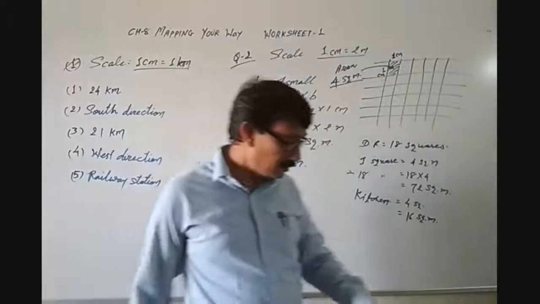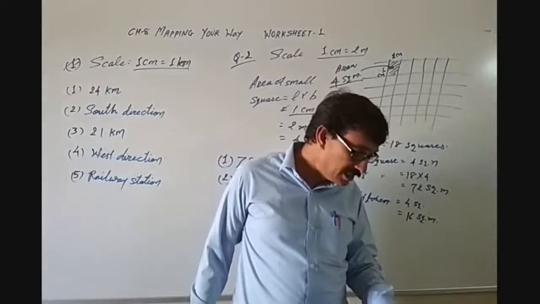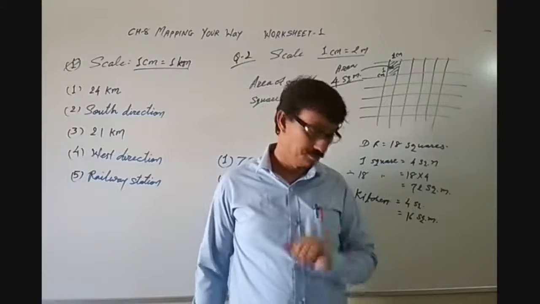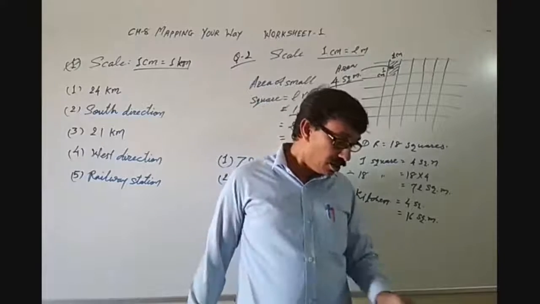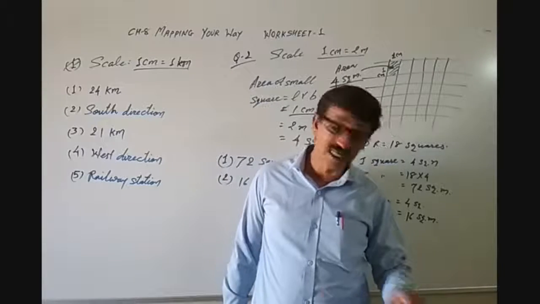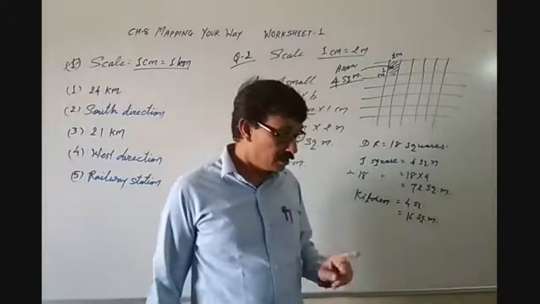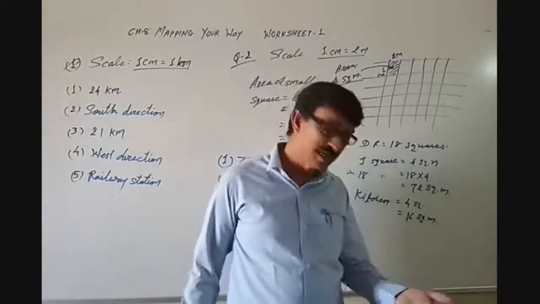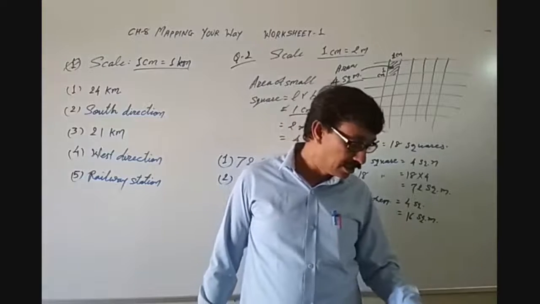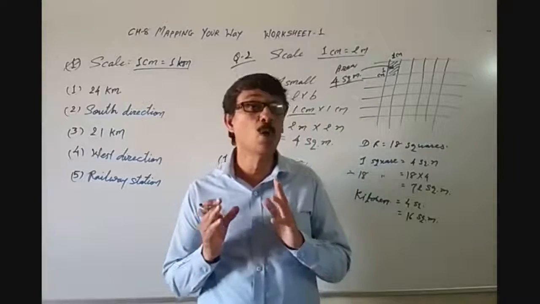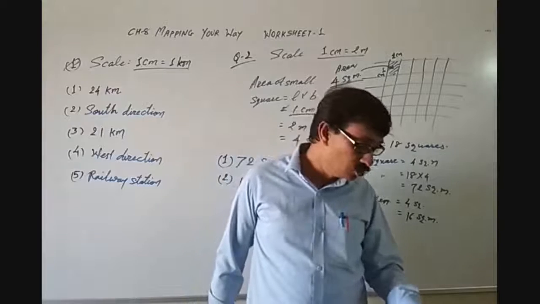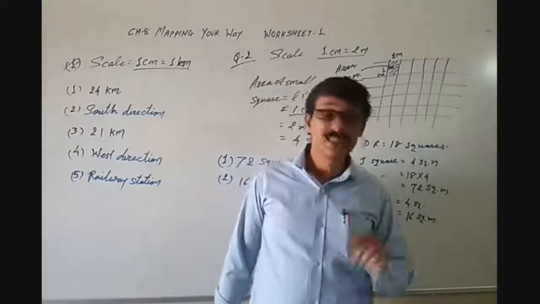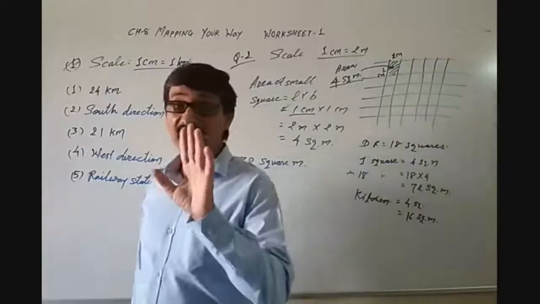Now the third one: which hole has the biggest area, and how much? Here you can see a total of 3 holes, and hole 1 has the biggest area. Let's see how many squares there are in hole 1. 1, 2, 3, 4, 5, 6 lengthwise and widthwise 3. 6 threes are 18 squares.